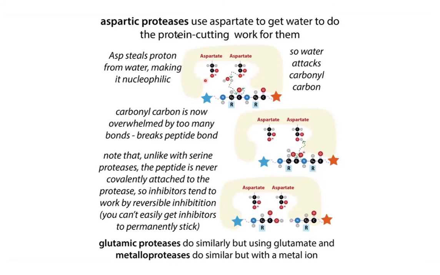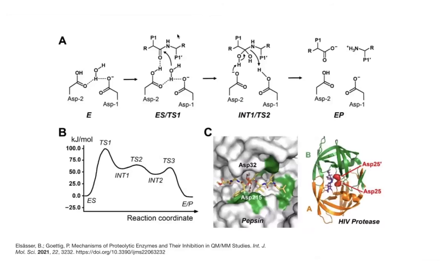So we see that by manipulating what's around it, we can manipulate the pKa of different amino acid residues, make them more or less eager to act as an acid or a base, act as a nucleophile, whatever the case. So that would be an example of an aspartic protease. And in this case, we could also draw out a reaction diagram, and we have our transition states and this sort of thing.